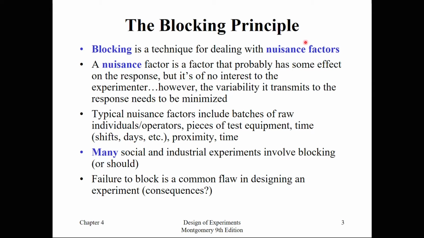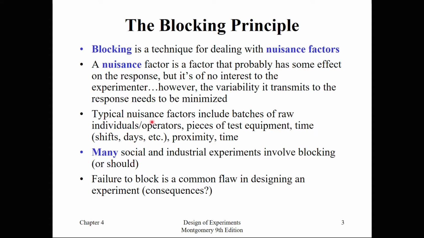So that's what the idea is going to be, is that we want to statistically and through our design account for nuisance factors such that we reduce the amount of white noise that we have. So again, these nuisance factors, we know that they add to the white noise, but it's not something interesting. So it's not like a second TV program that I want to study. It's just something completely random.